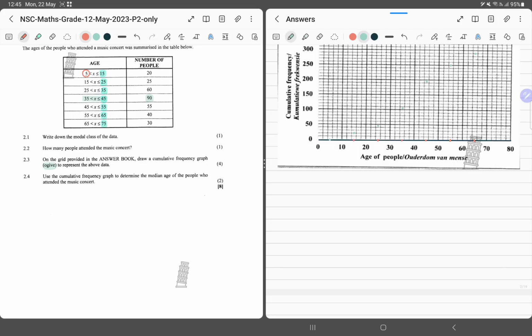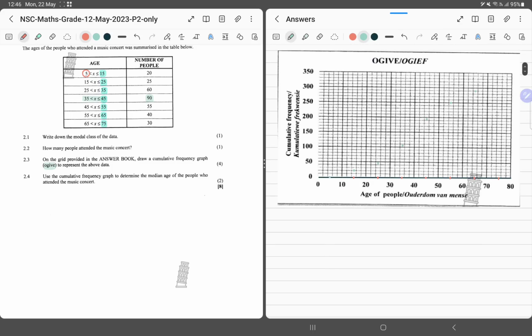Okay, there's 290, and then 75, the last one, final. 75, we just add 30 there. It gives us the 320. The 320, so move down. So this one moves up to 310 and 20 right there. Okay, so there we are.